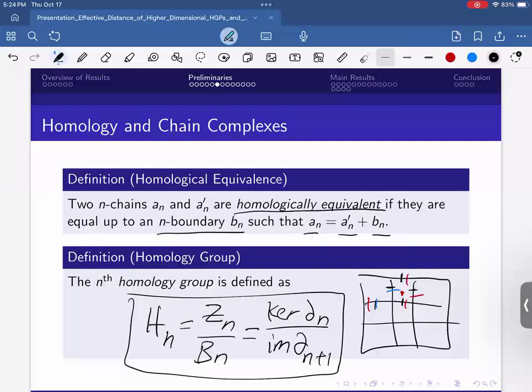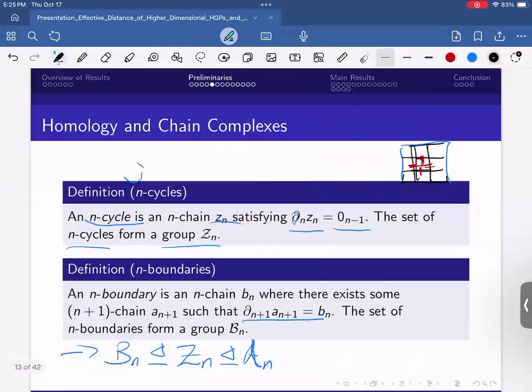Any questions so far? Maybe you already know most of this. So the boundary which you have drawn, if you go back to the previous slide, the red things you said form a boundary. Yeah, they form a boundary because they are the boundary of this blue square in the middle.